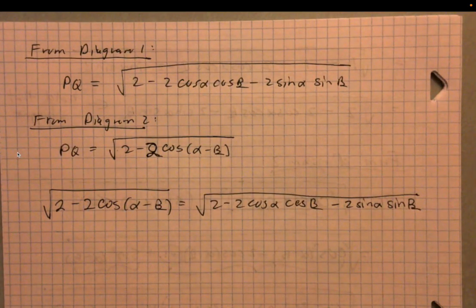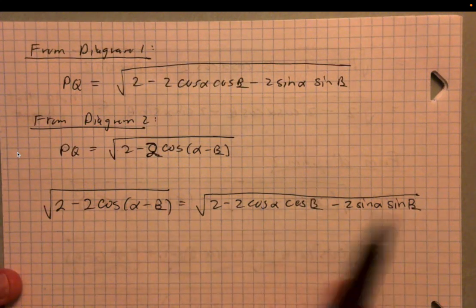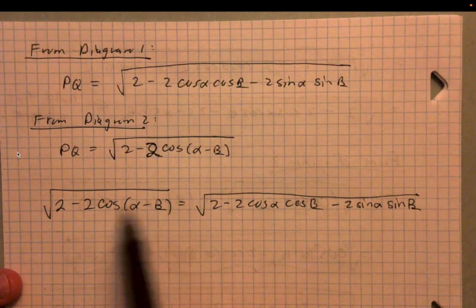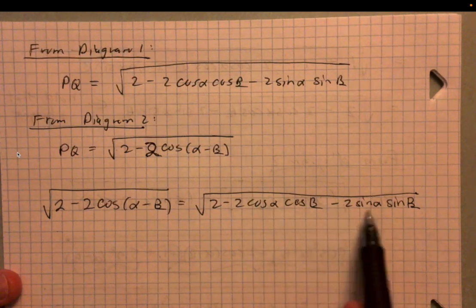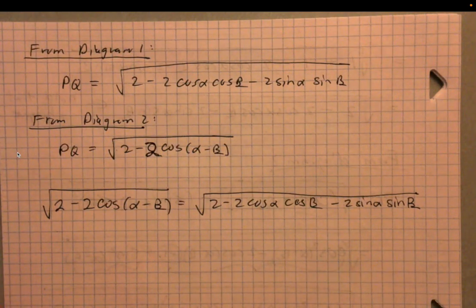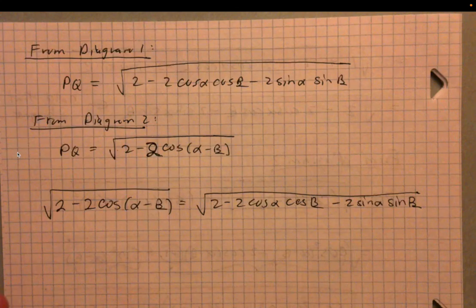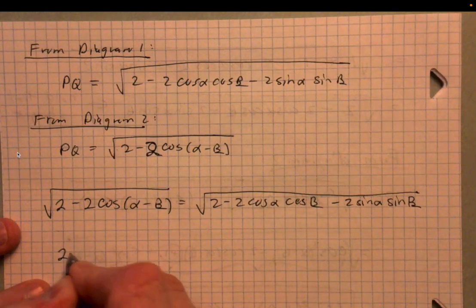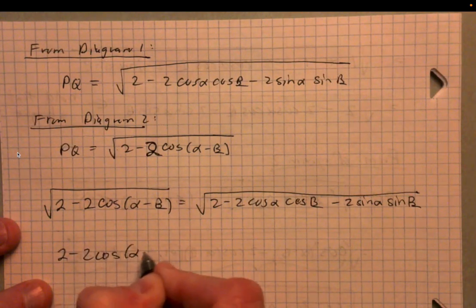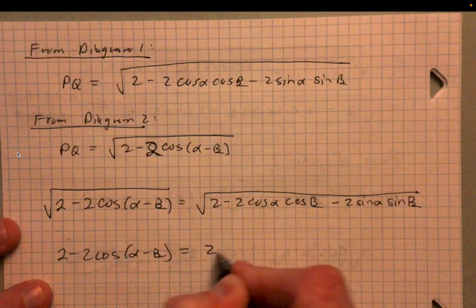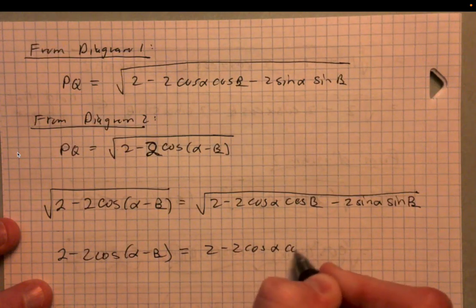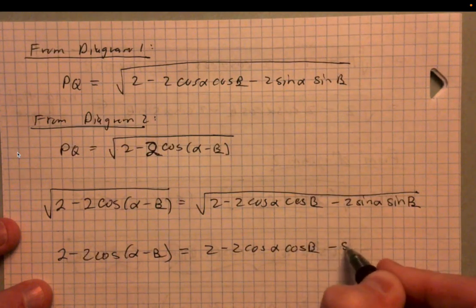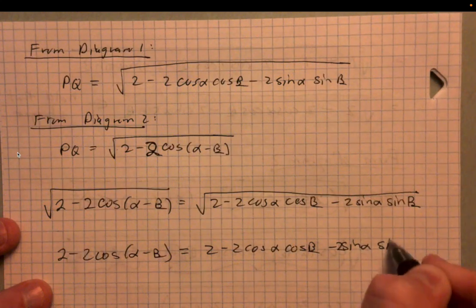Okay. Now I think if you're looking at this, you're probably thinking to yourself, oh, I can see the kernel of the difference formula in here, right? I've got cos alpha minus beta over here, and I've got cos alpha cos beta, sine alpha sine beta, but I've got these radicals and these other constants in here as well. All of those things will disappear in the end, right? Namely, I can square both sides and I get 2 minus 2 cos alpha minus beta equals 2 minus 2 cos alpha cos beta minus 2 sine alpha sine beta, right?